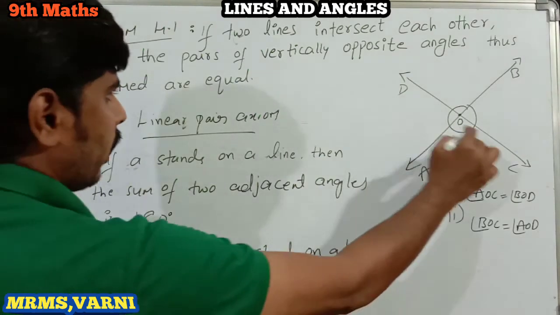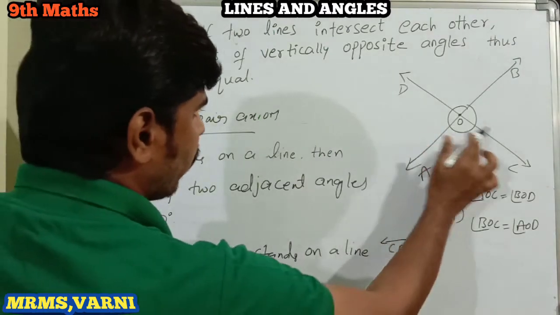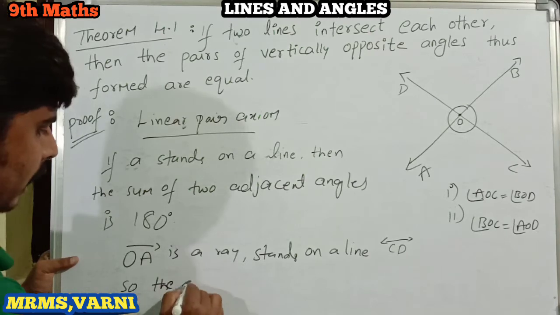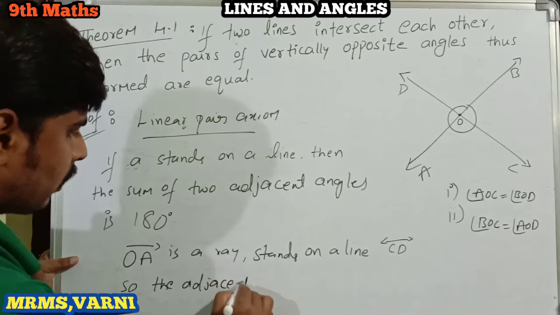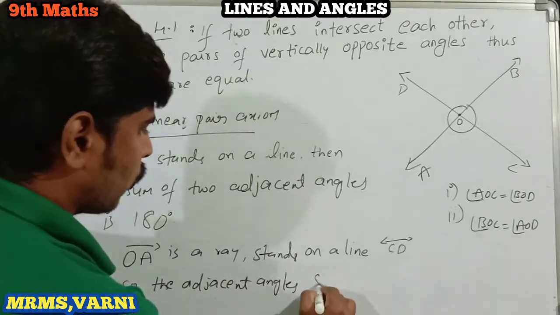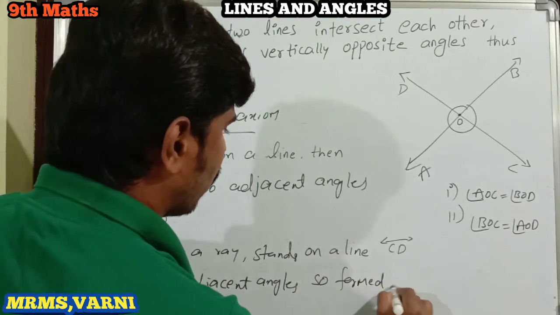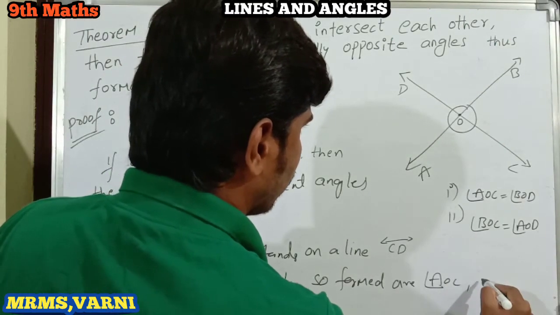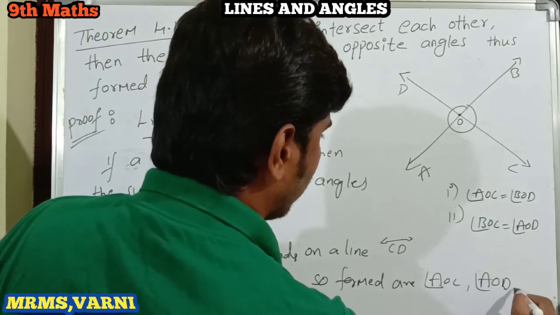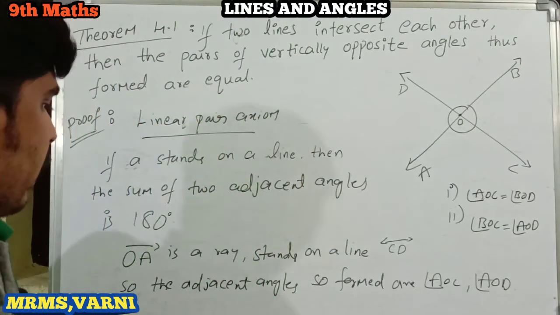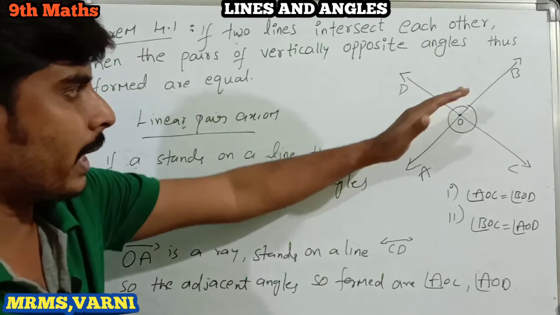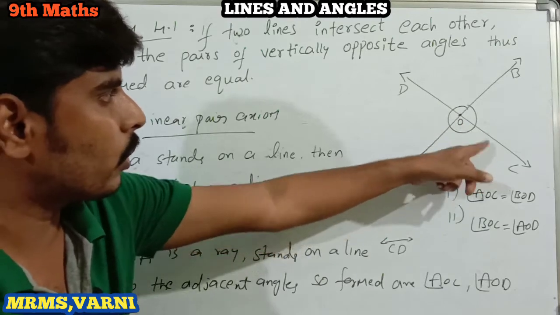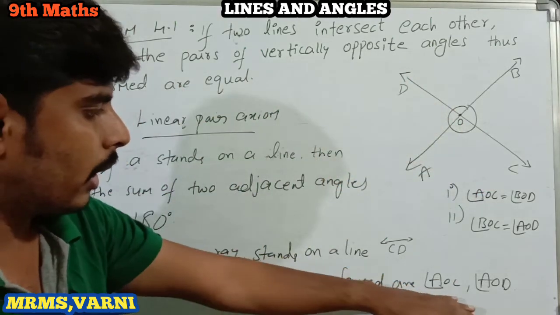The adjacent angles so formed are AOC, AOD. So this OA ray stands on the CD line, so the angles formed here, AOC and AOD, are called adjacent angles.